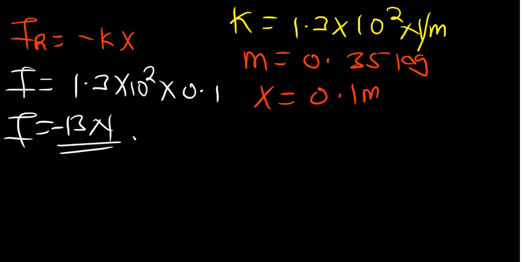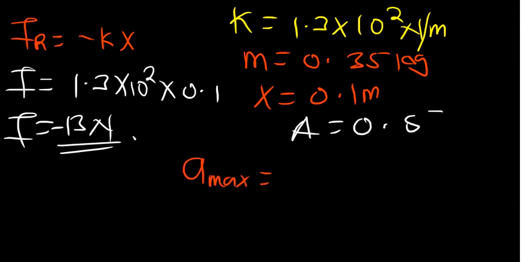Then another question is, find the maximum acceleration if the amplitude is 0.5. To find the maximum acceleration using the formula which we just derived, the maximum acceleration is given by negative k over m times a.